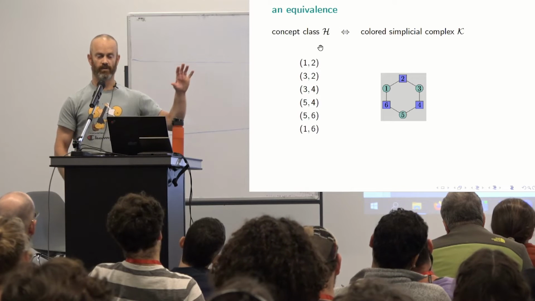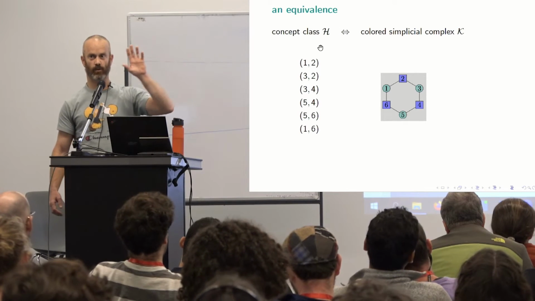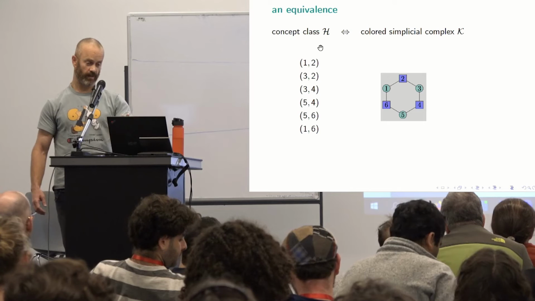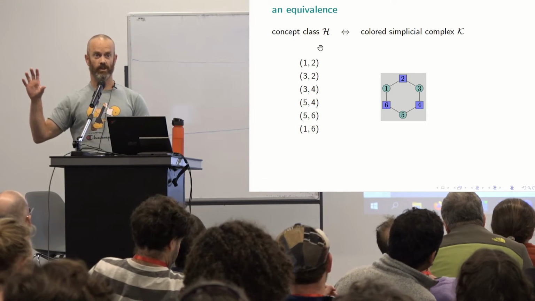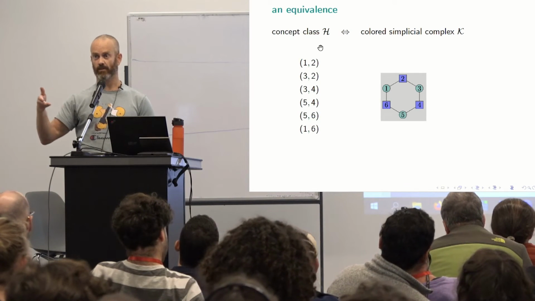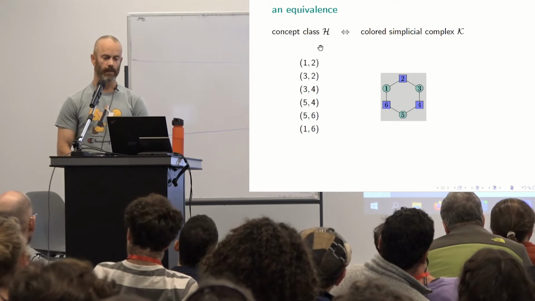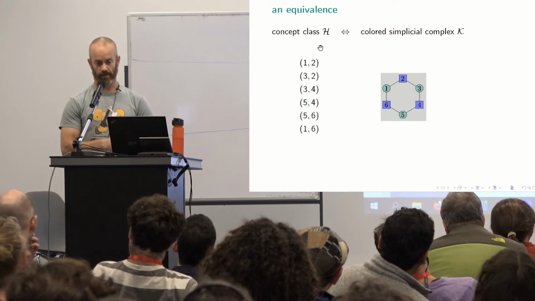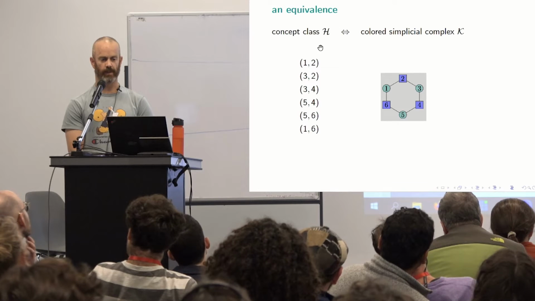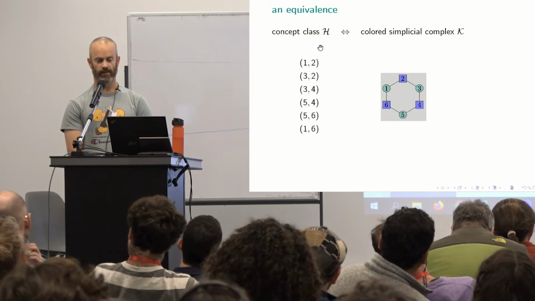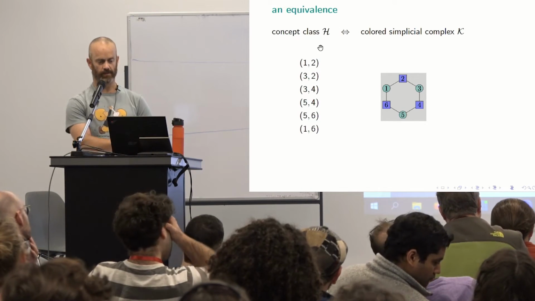You start with a collection of functions and you build, in this specific case, a simplicial complex, in this case a graph, just a graph. So this is a picture of such an equivalence between some colored simplicial complex and the concept class.